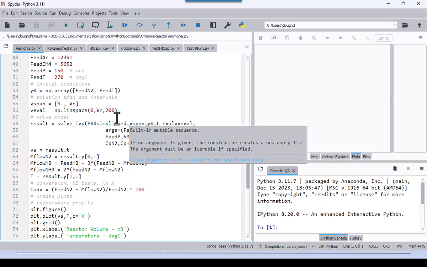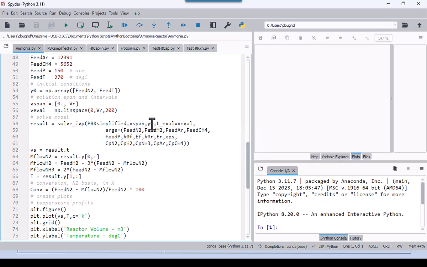Here's our V-span, 0 to VR, our initial conditions, our intervals where we're going to save the solution. And then we have a fairly long list of arguments that represent operating conditions and basic data that we want to pass through solve IVP to our PBR simplified routine.